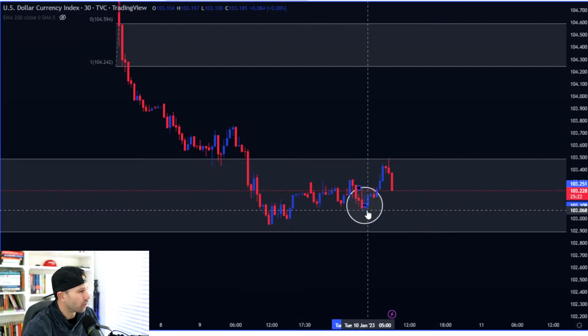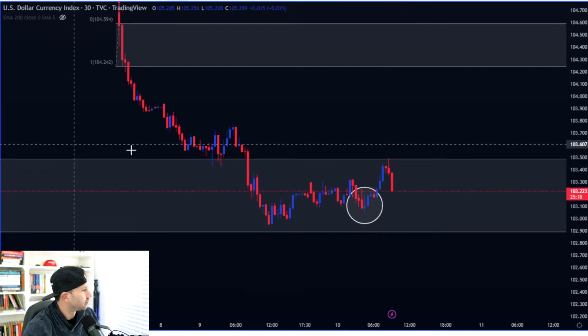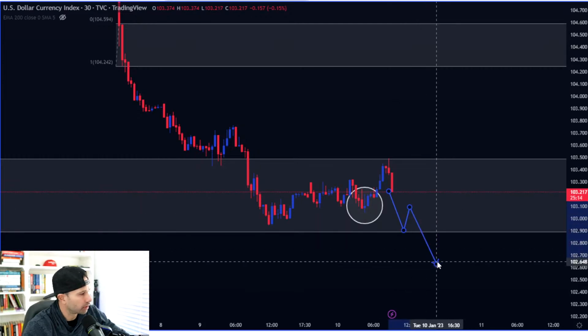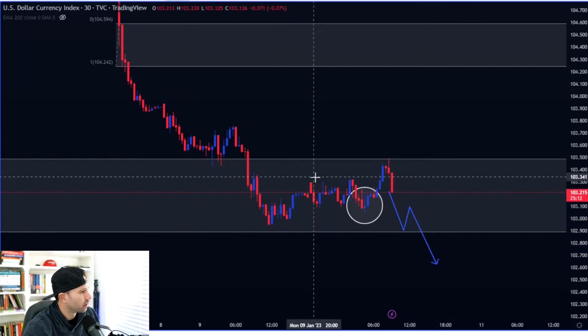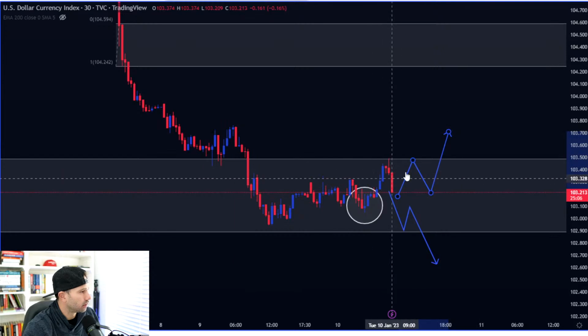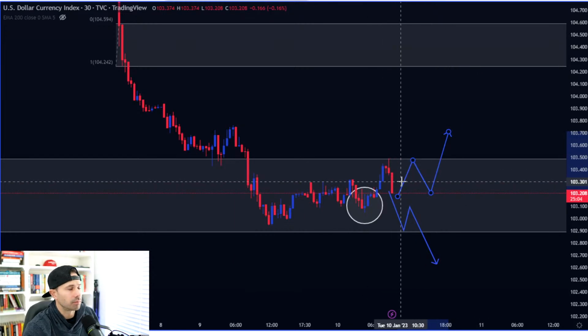If we go below this pivot, in this fashion, then long on the equity markets. And if we bounce here and we create this sort of reaction, right? Then short on the equity markets.